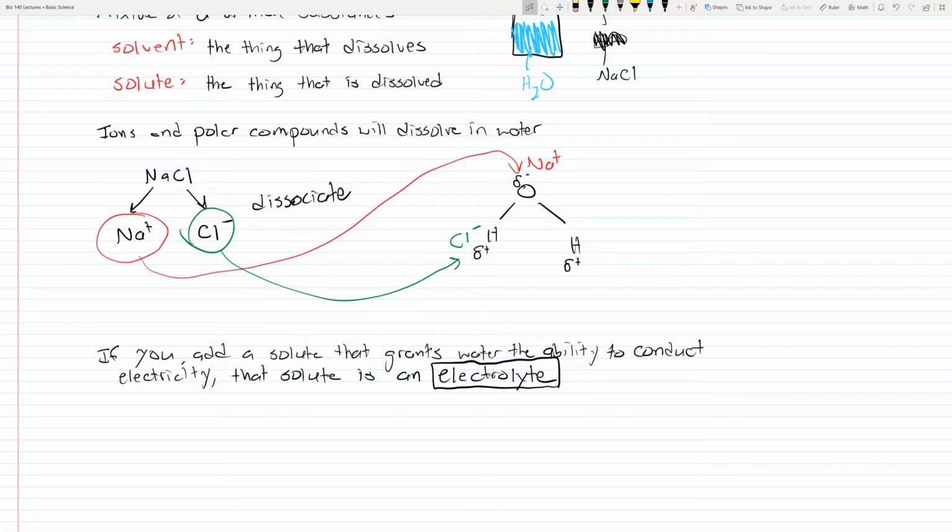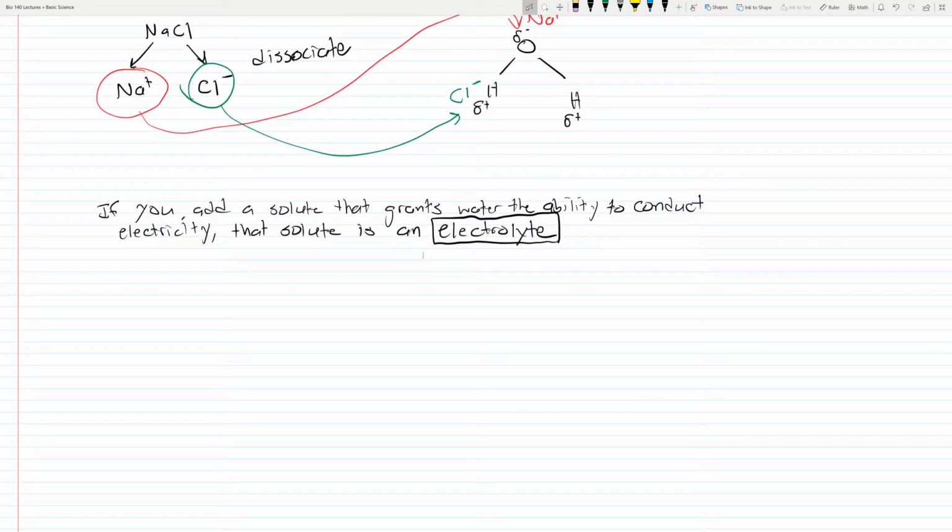Okay, so we've already established that water is polar. If a substance dissolves in water, it is hydrophilic.